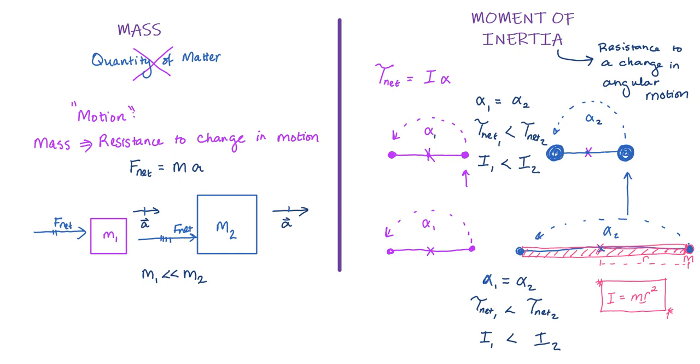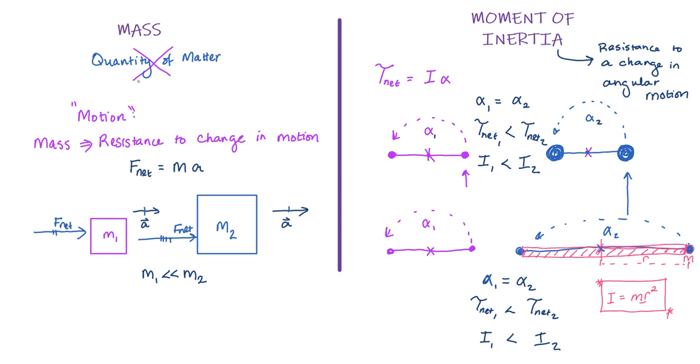So in the next video, we're going to take a look at how you can calculate the moment of inertia for a system where you have mass that's not located at one single point at some distance away from the axis of rotation.